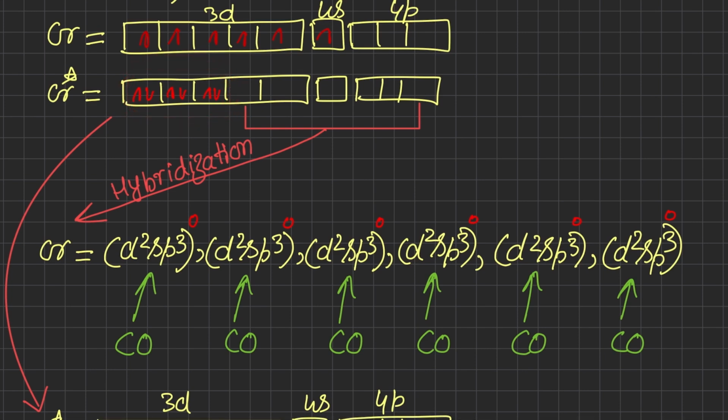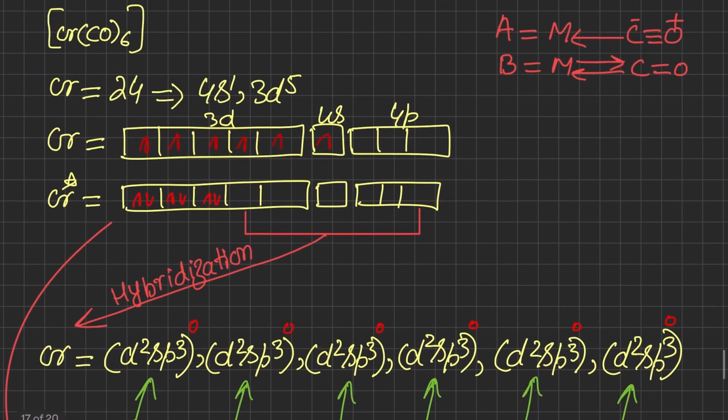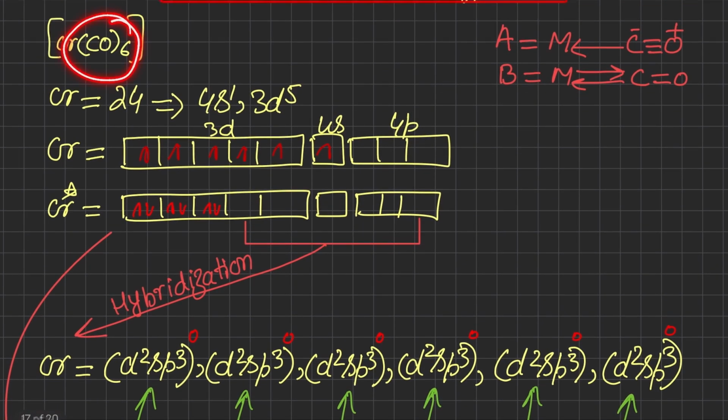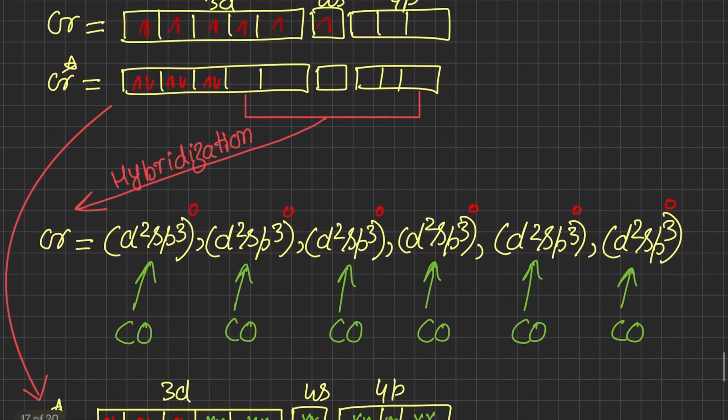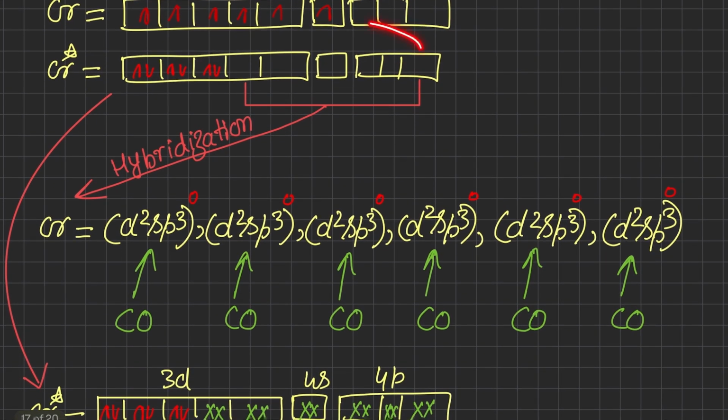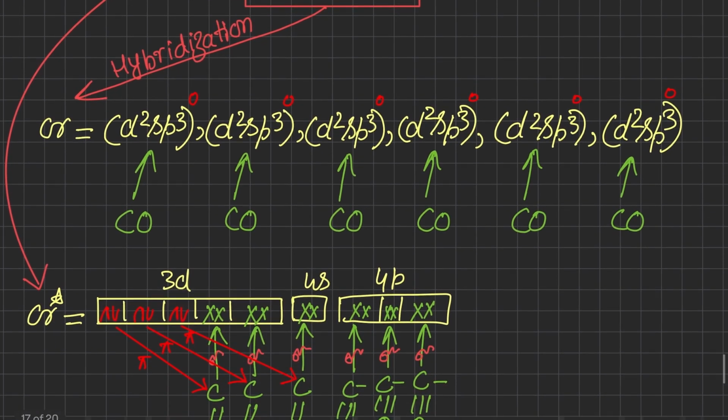As a result of this pairing and rearrangement, further orbitals have become empty. Now as we have to attach 6 carbonyls to the chromium, the 6 empty orbitals, which are 2 d orbitals, 1 s and 3 p orbitals, will combine together and undergo hybridization to generate 6 d2sp3 empty hybrid orbitals.